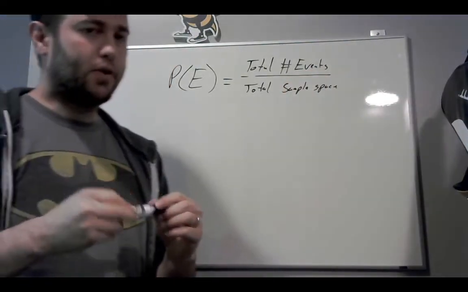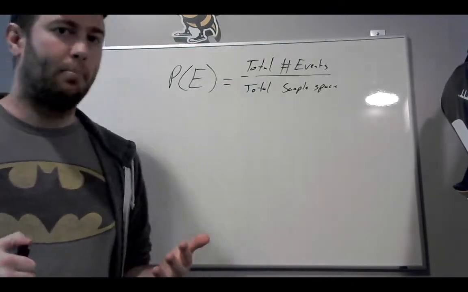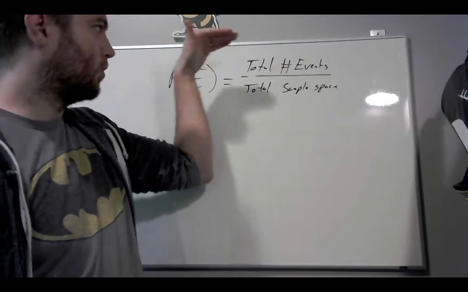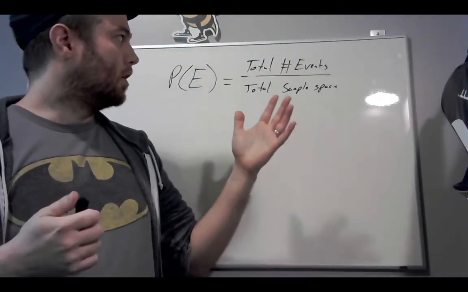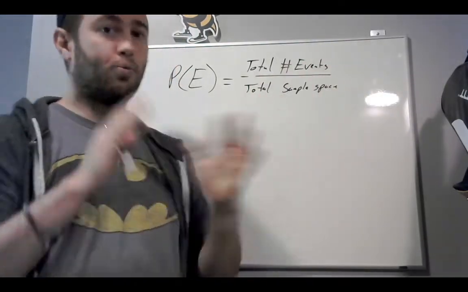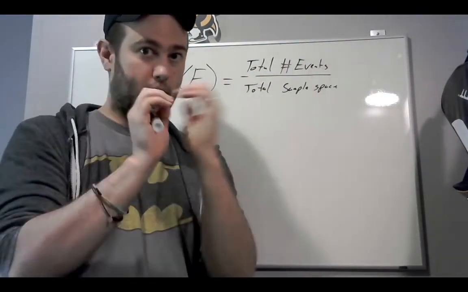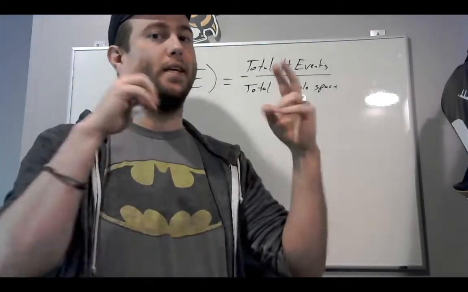So another way you can kind of think about this is part over whole. So something you've been doing in math for any kind of fractions, it's always part over whole to find the percent of something to happen. But we're not multiplying this by 100 to give us a percent. So probability and percents are really close to one another, except we don't multiply by 100 to get the percent.